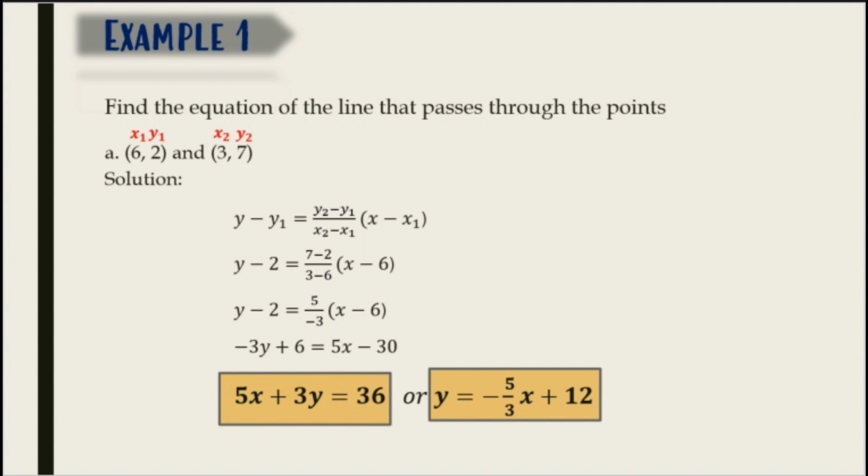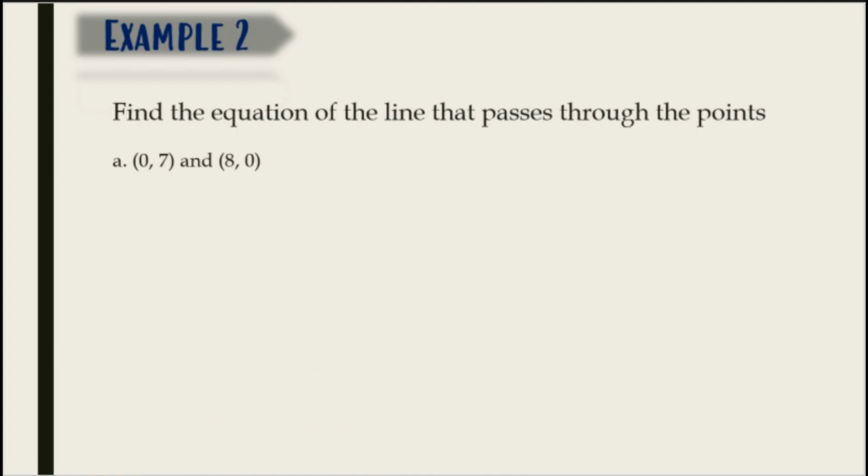For example number 2, find the equation of the line that passes through the points (0, 7) and (8, 0). Again, substitute the coordinates of the points (0, 7) and (8, 0) for x sub 1, y sub 1, and x sub 2, y sub 2, respectively into the two-point form.